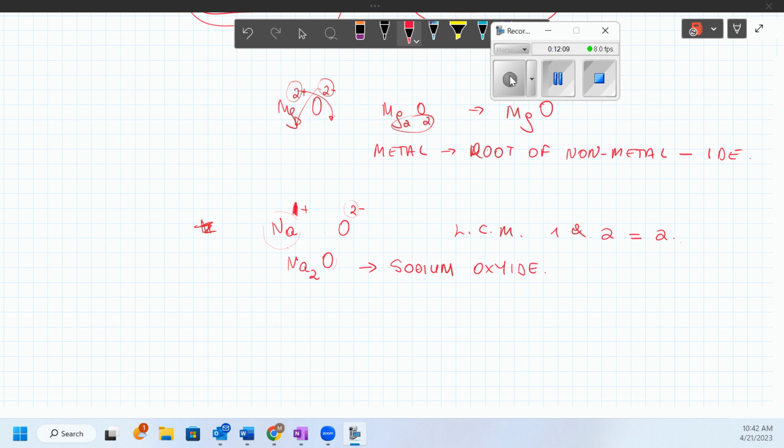Those two entities attract each other, and they form an ionic compound.